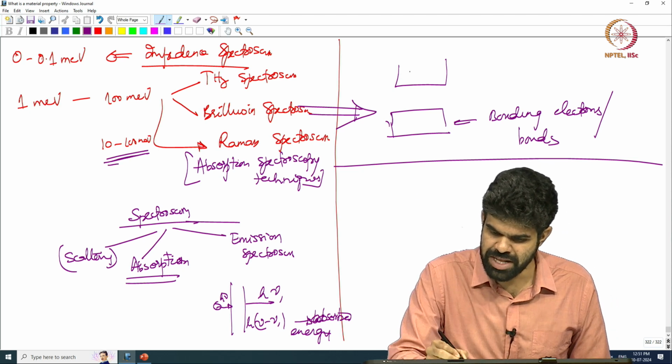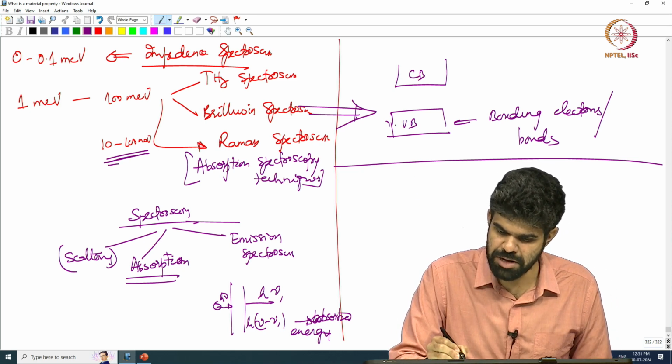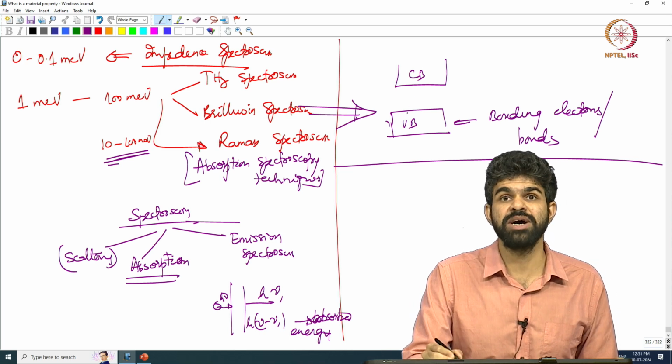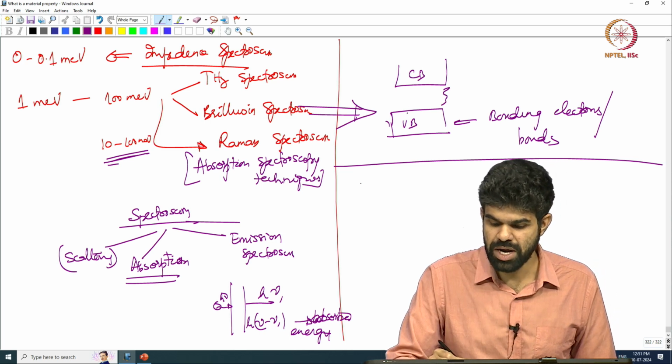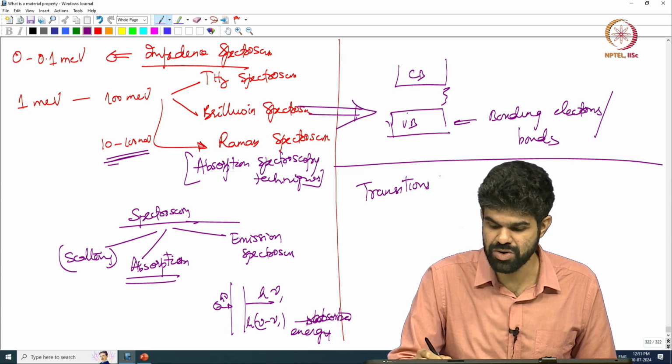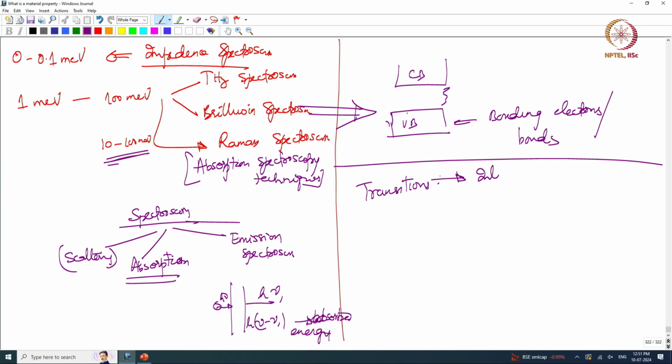But again, this is conduction band and this is valence band. Typically, I want to actually look at transitions between valence band and conduction band, right. So, if I have to look at transitions, interband transitions, these are called. Right.